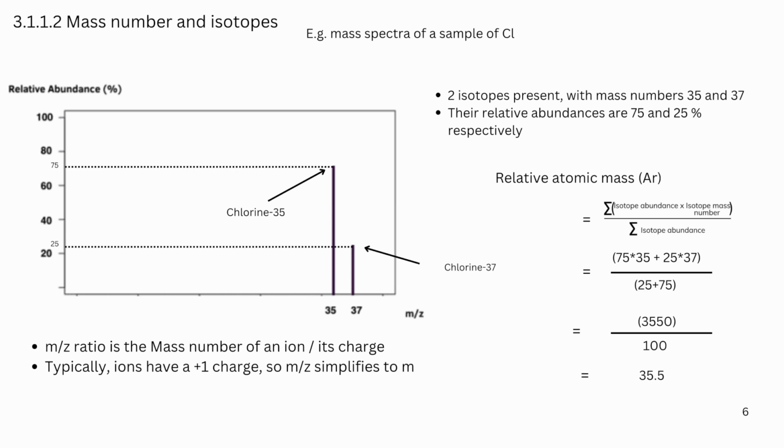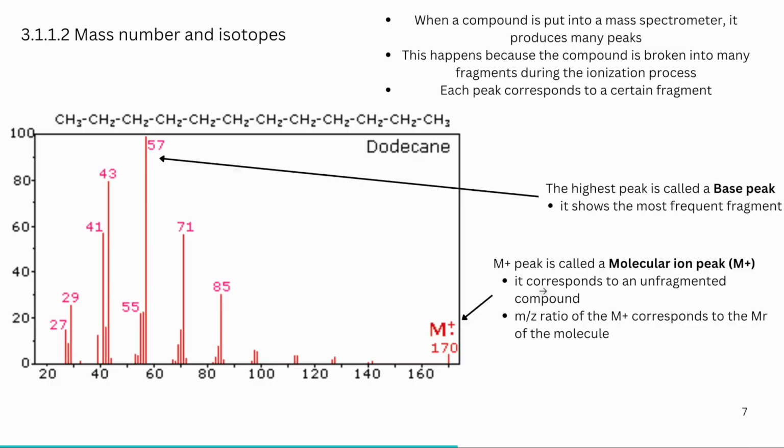And so in order to calculate the relative atomic mass of chlorine, you can use this formula, and when you substitute the data you get from the mass spectra, you get relative atomic mass of 35.5, which, if you have a look at your periodic table, is the relative atomic mass of chlorine.